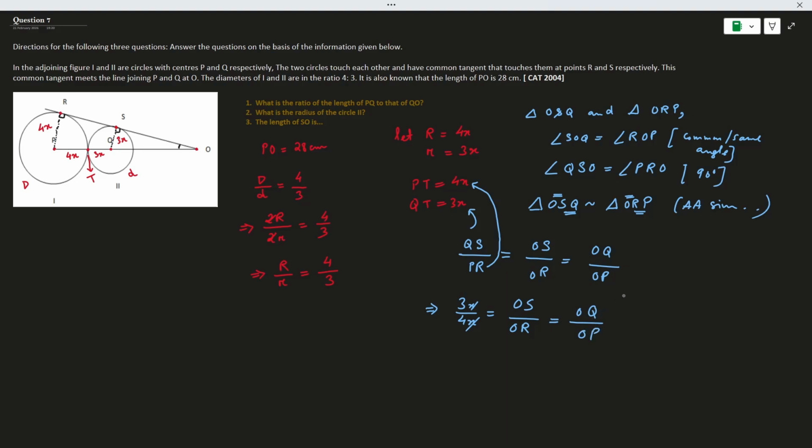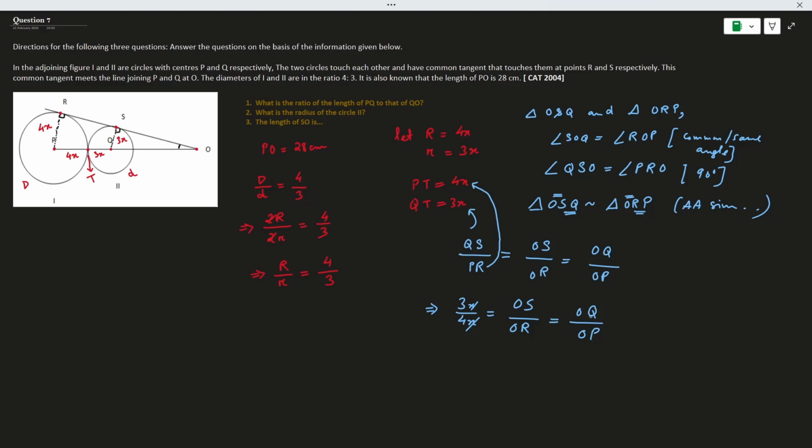I need to find the ratio of PQ to that of OQ. Am I given some length? I am given that OP is 28 centimeters. If I have OP, I will get OQ.